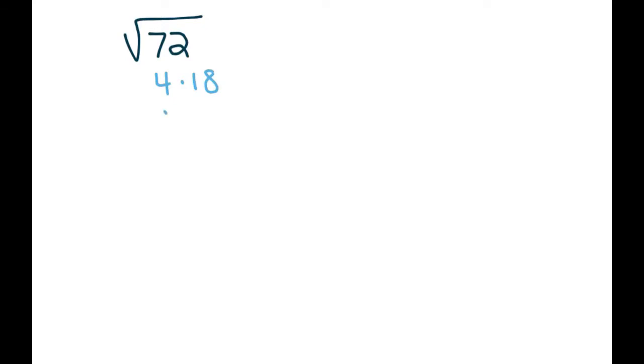And 9 goes in 8 times. But if you keep dividing 72 by the perfect squares, you'll also find out that 36 goes into 72 2 times. So there are 3 perfect squares that divide evenly into 72. The thing is, we want to use the largest perfect square, which happens to be 36.